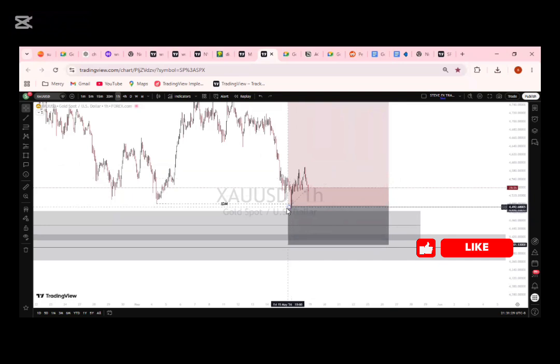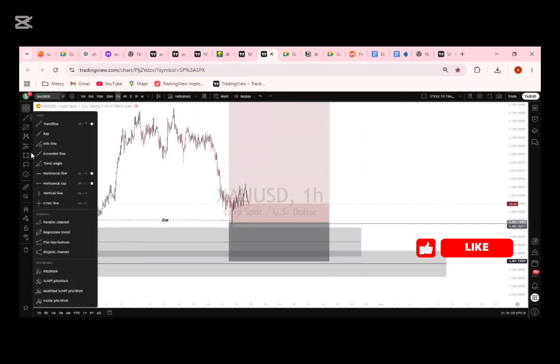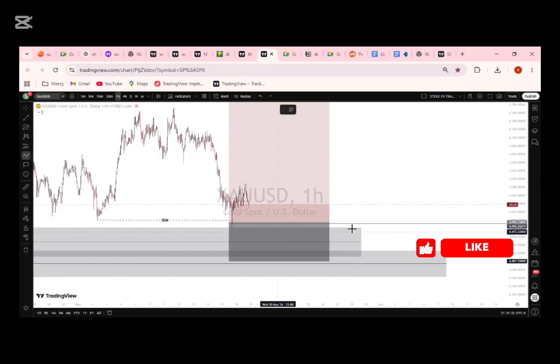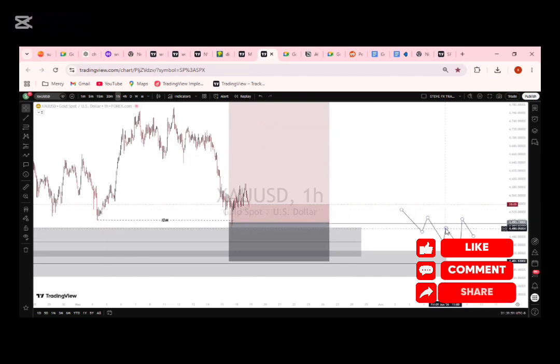So once market mitigates your zone like this, we go to our lower time frame structures to look out for a break. So let's say as market was approaching the zone and forming the internal structures, once we see the first sign of internal structure being broken like this, we now have a market structure shift.